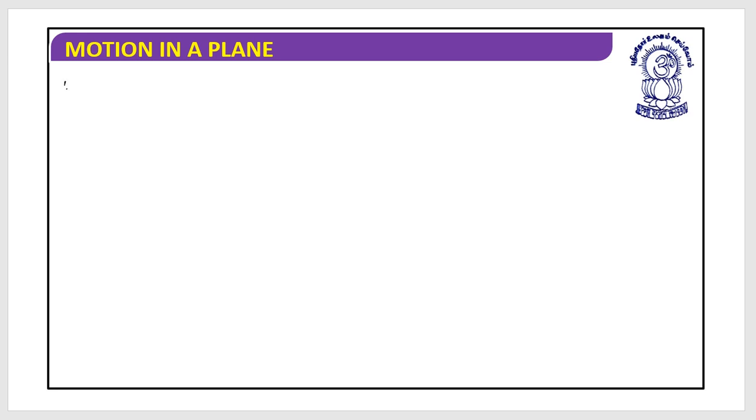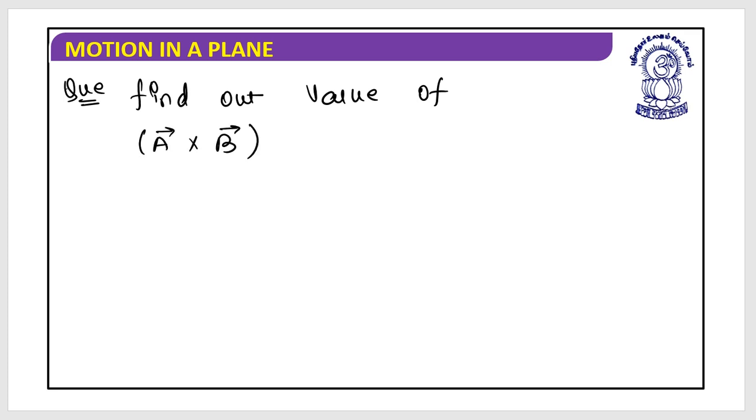Suppose they said to find out the value of A cross B dot B, or A cross B dot A, and your A and B have been given.